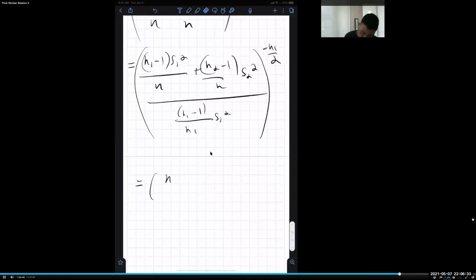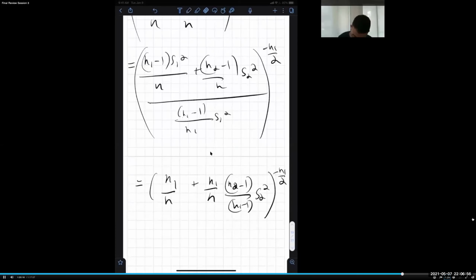So this will just equal n1 over n plus n1 over n, times n2 minus 1 over n1 minus 1 s2 squared, to the negative n1 over 2.